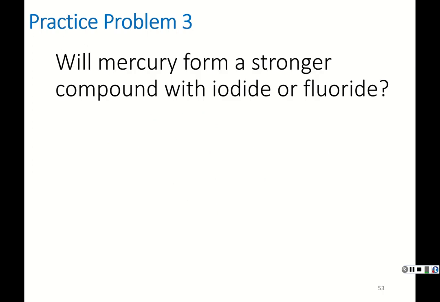Last practice question: will mercury form a stronger compound with iodine or fluoride? To know this, we need to know mercury. On an exam, I'd rewrite this question to say, will mercury, a soft acid, form a stronger bond with iodine or fluoride? Then you'd have to remember the trend in the halogens: hardness goes up as you go up the group, or softness goes up as you go down the group.